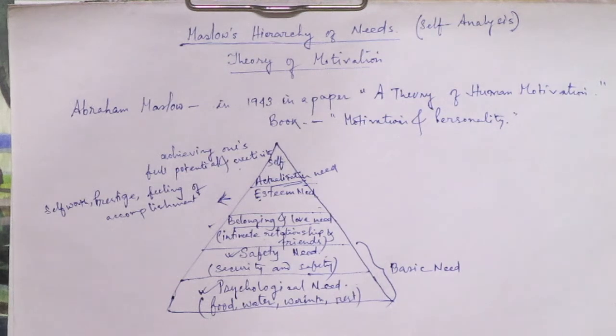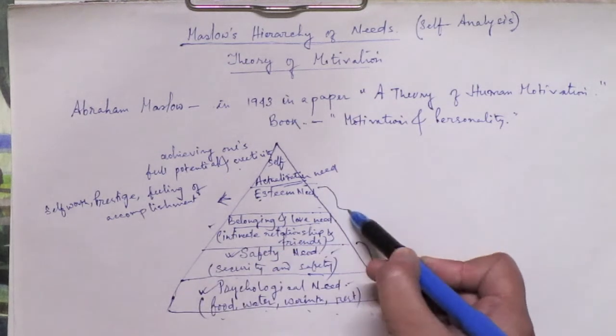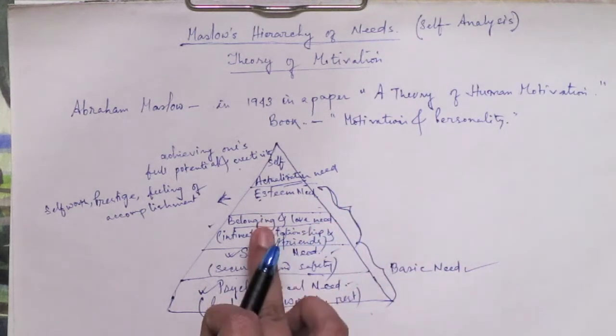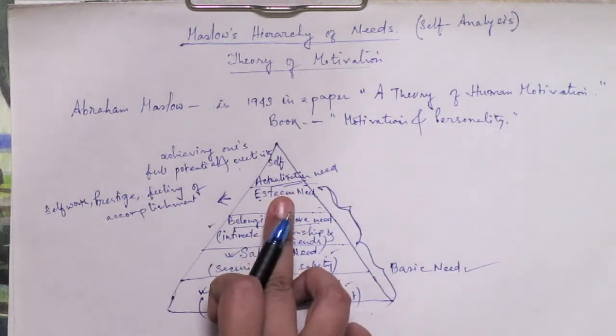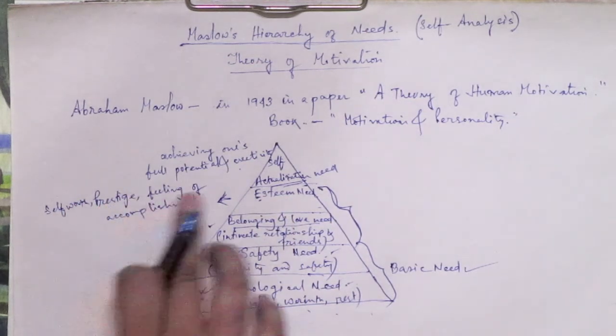These are self-actualization needs. Now as I already mentioned, physiological needs mean need for food, water, warmth, shelter, and after that need for security and safety. This falls in the category of basic need. Now, esteem need and belonging need: love and belonging for friendship, intimate relationship, and esteem need, that is self-worth, prestige, a feeling of accomplishment.